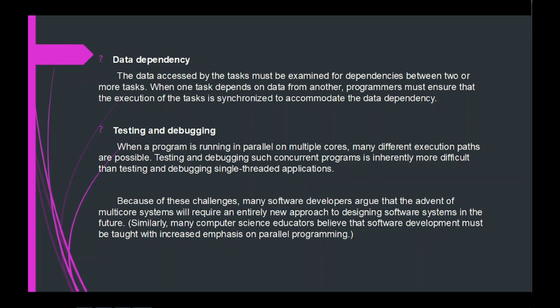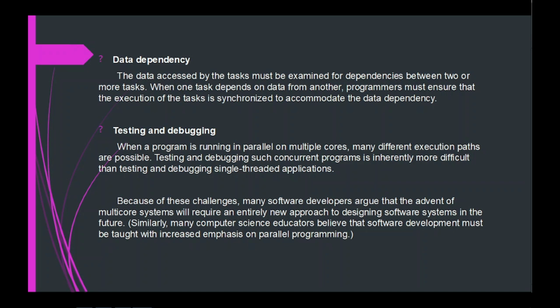So in order to work with data dependency, the programmers must create or execute a task that is synchronized to accommodate the data dependency, examined and tested, so that when one task depends on data from another.